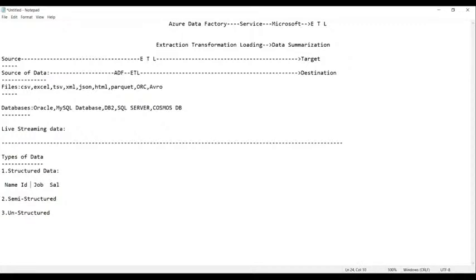Let's fill it up. Name, I'm using Alan, and here the ID number. Job is clerk, and then we have 25,000.